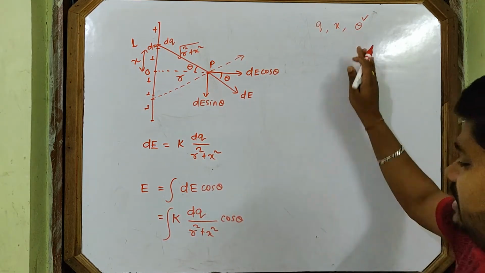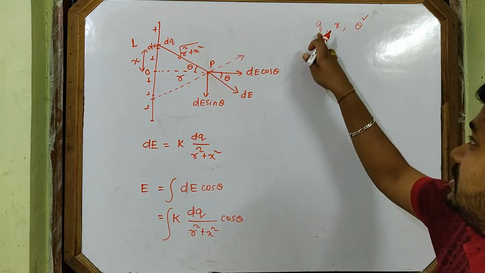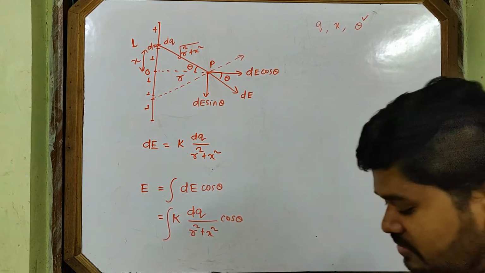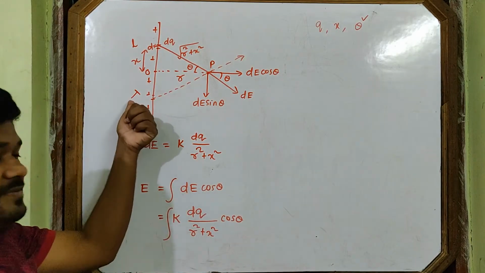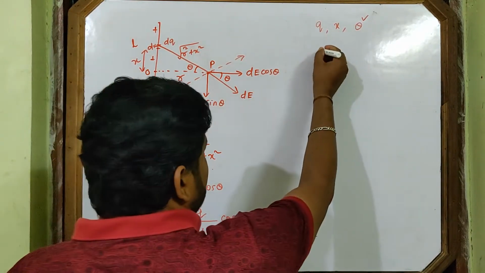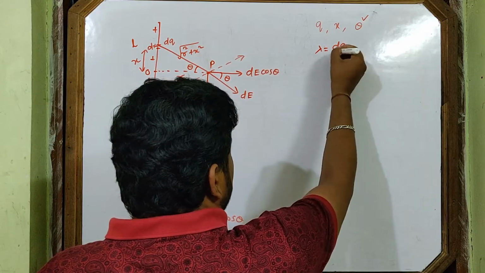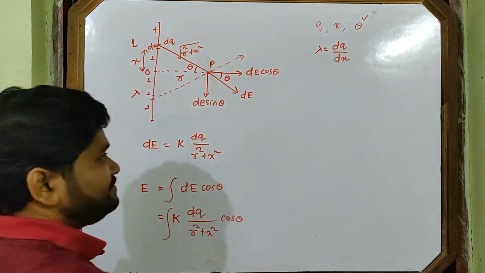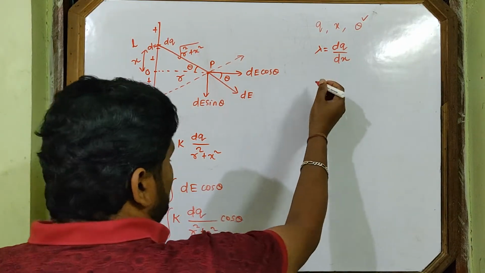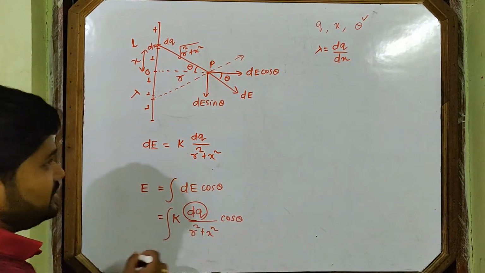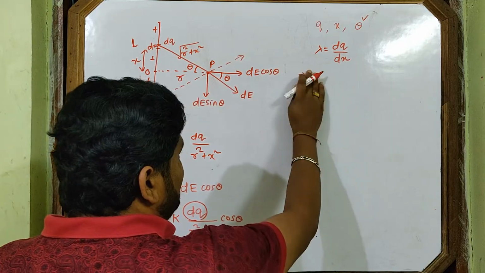Now let's convert q to x first. How will we do q to x? The linear charge density is given. You can see from the question, lambda is given. Lambda is dq by dx. I have already told you about lambda. So now this dq becomes lambda dx.